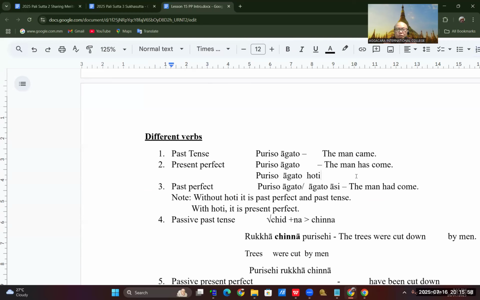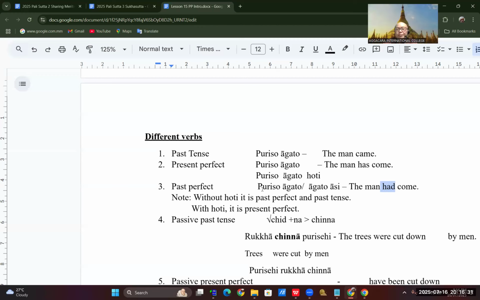But if you want to put the word asi to show this is past tense, the man had come, puriso agato asi. When you put asi, it definitely means the man had come already. So when you put asi, you cannot translate as has. You must translate as had. Okay, can you follow? It can also be the man came, right?